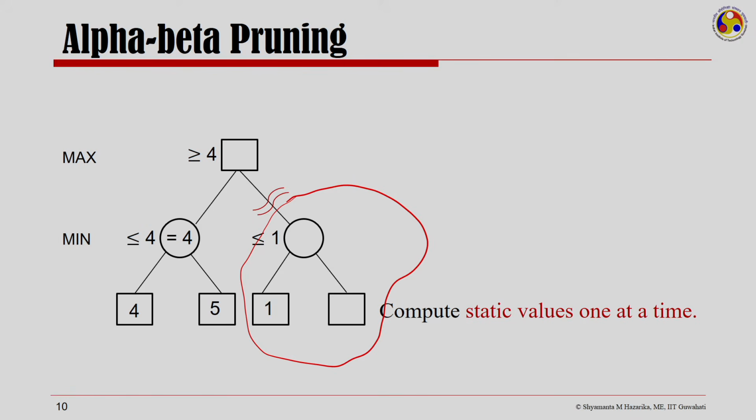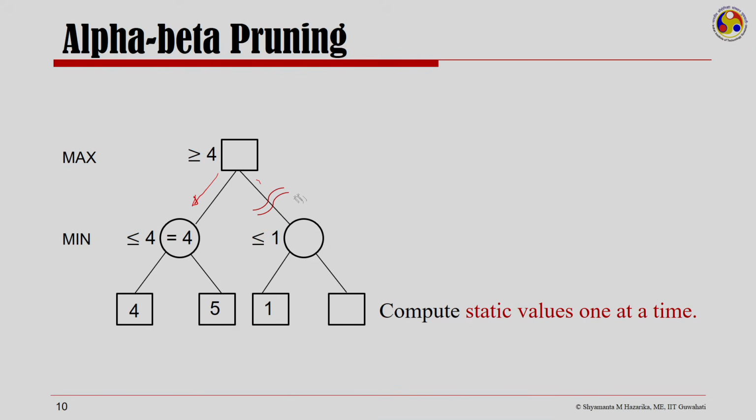Why is it that this tree doesn't exist for him? This is because if Max follows this path, let me repeat this, if Max follows this path, he will have 4, and if Max comes on this path, all he is guaranteed to have is something which is less than or equal to 1.